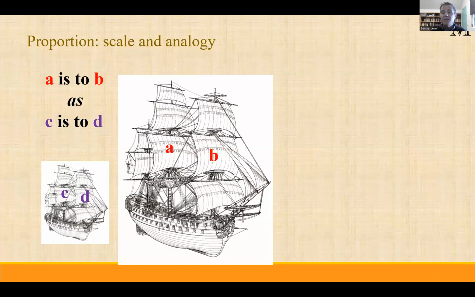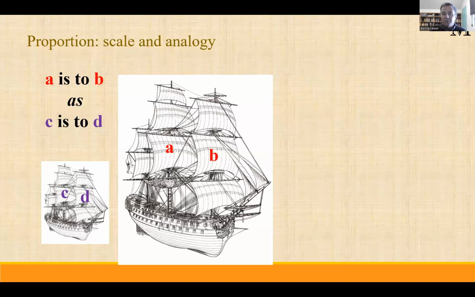And so we can think of this like scale models, or in representational art. Everything is in the right ratio or proportion. We're very good at noticing proportion, and that is how we identify the same object near and far.